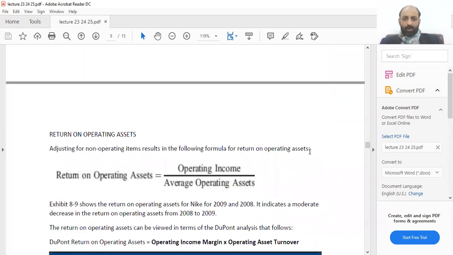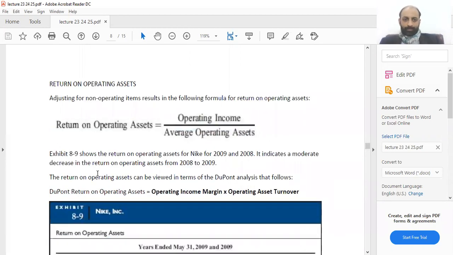And when we talk about return on operating assets, now we are dealing with operating income. You can also call it profit. Exhibit 8.9 shows the return on operating assets for Nike for 2009 and 2008. It indicates a moderate decrease in the return on operating assets from 2008 to 2009.